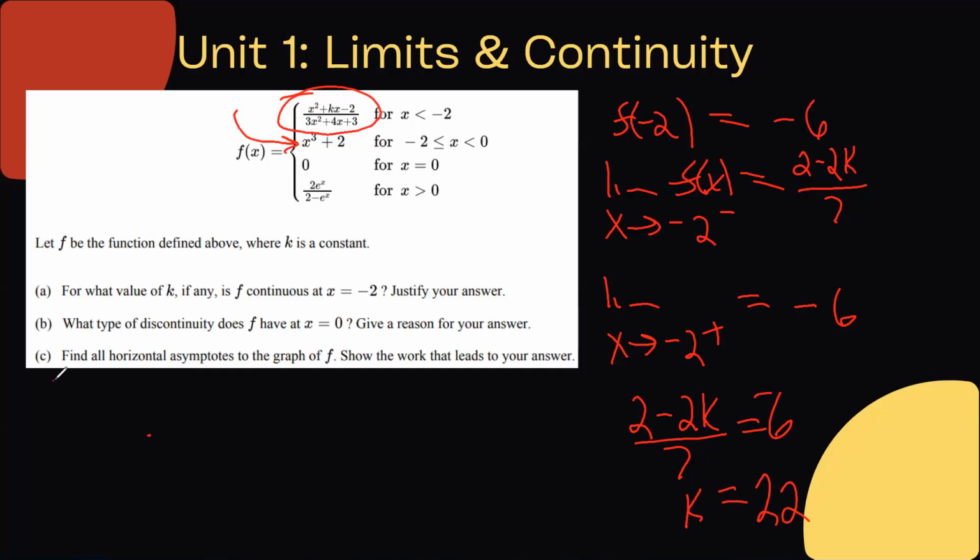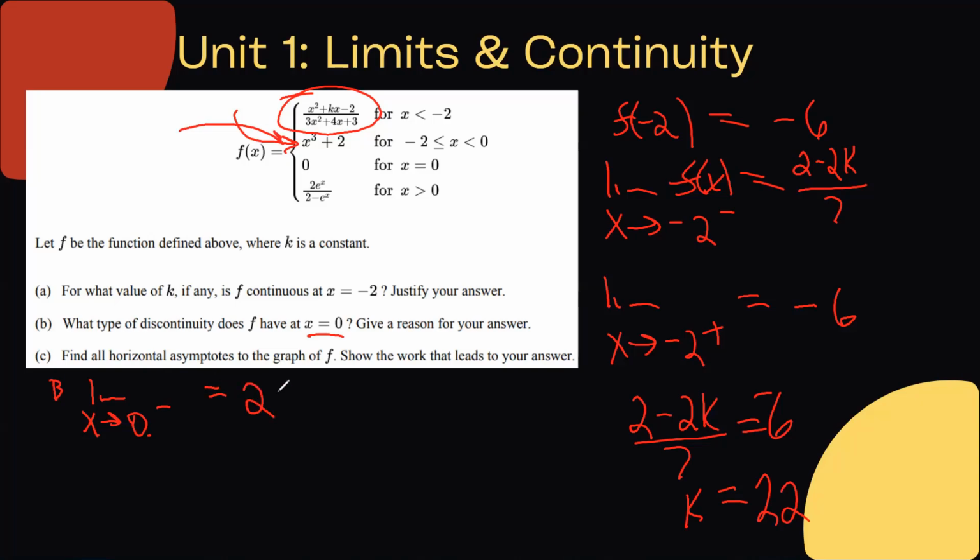So part B, what type of discontinuity does f have at x equals 0? So we have to look at the limit from the left and the right to determine what kind of discontinuity this has. So the limit as x approaches 0 from the left, we would have to use this second piece again. So that's going to equal 2.